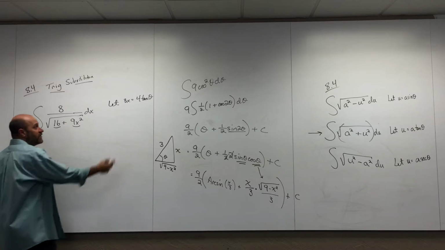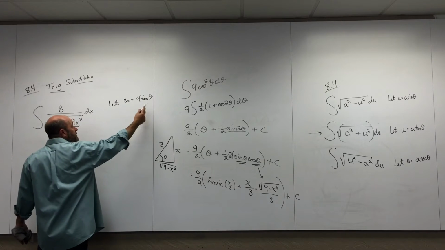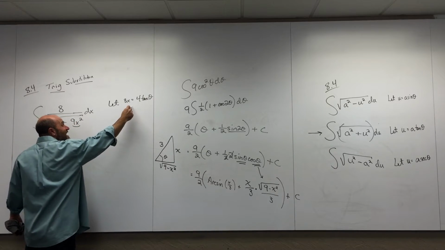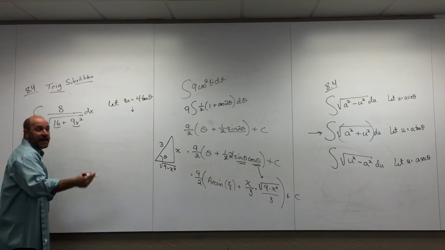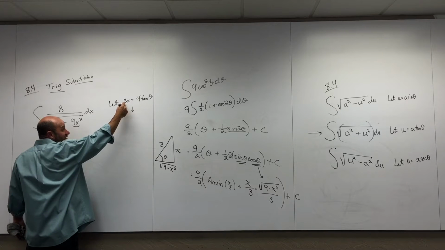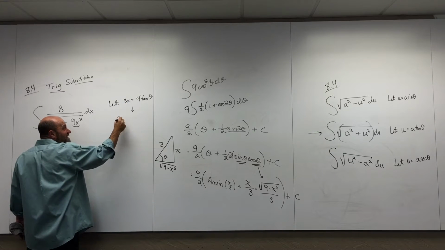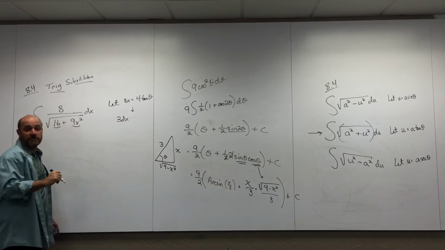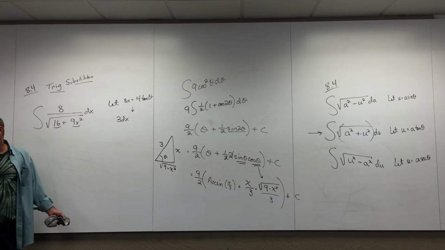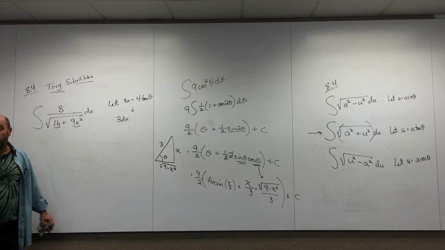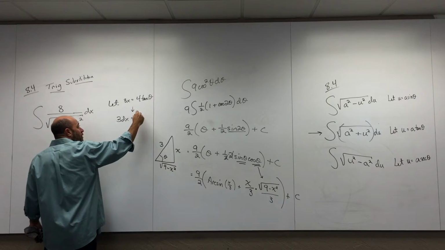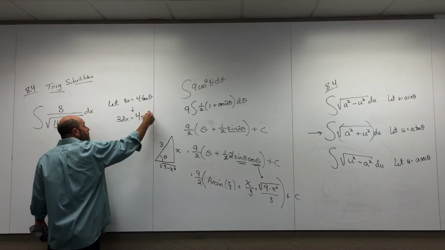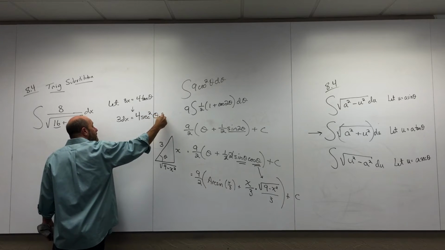Okay, here we go. What's the first step after you declare the correct substitution? You take a derivative right here, because you need dx and d theta. The derivative here, please: 3dx equals, on the other side, 4 secant squared theta d theta.